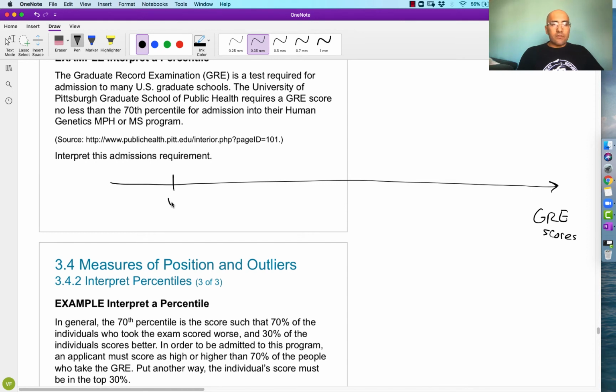But let's say it goes in multiples of 100.